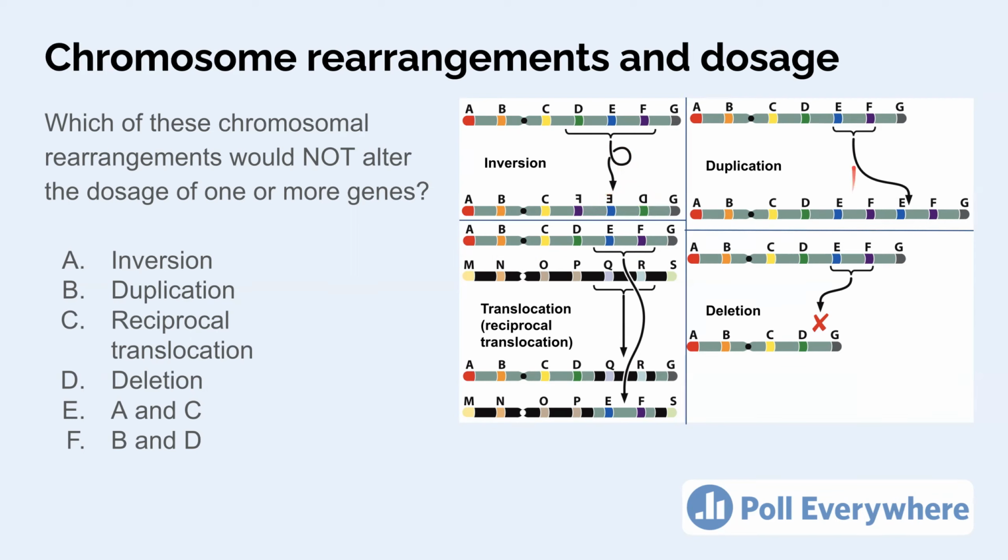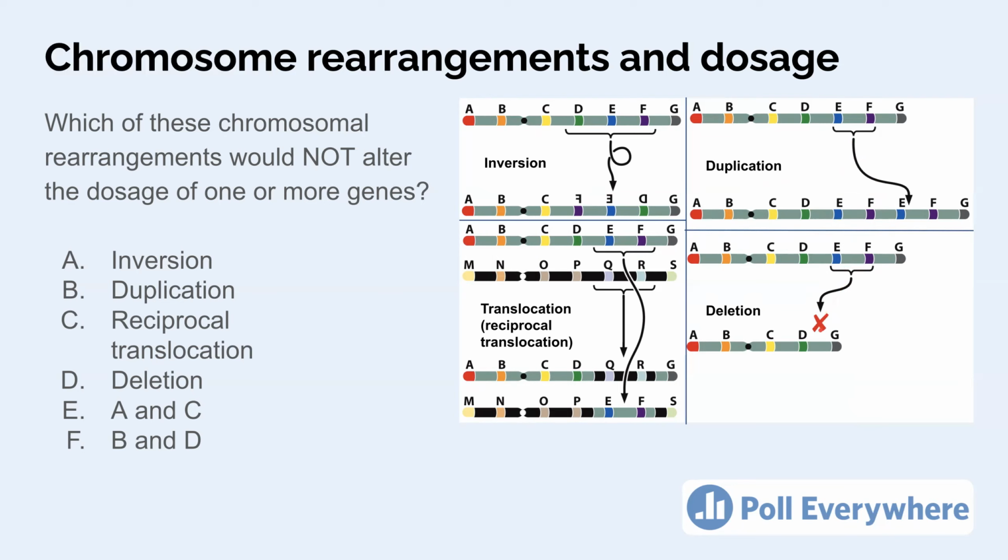Duplication, extra E, extra F. So that, hopefully you can appreciate, would change the dosage. Additional copies of E and F. Deletion, we'll jump down to that one. Removing copies of E and F, that would definitely change dosage. Going back to our recipe example, this would be extra flour and extra eggs, let's say. And then this would be, you forgot the butter.